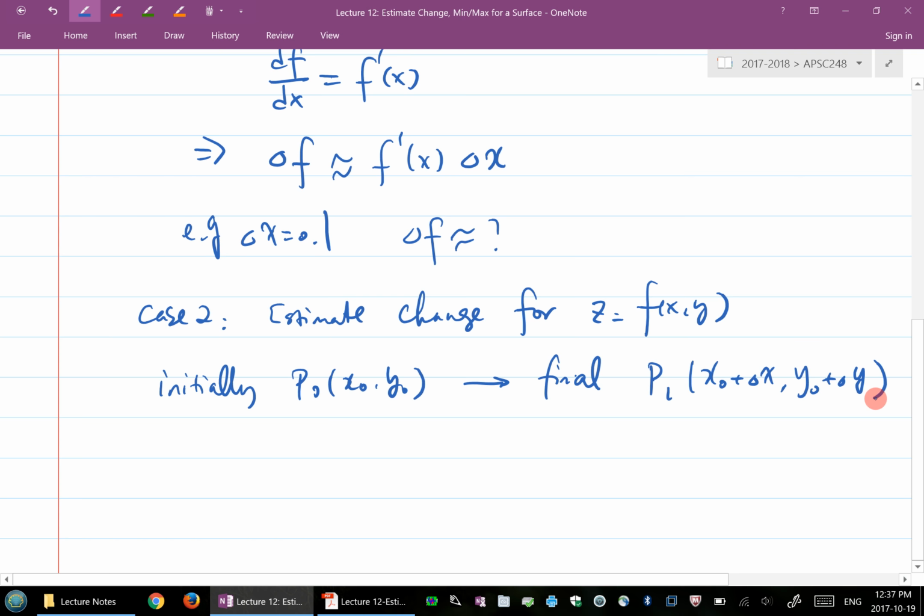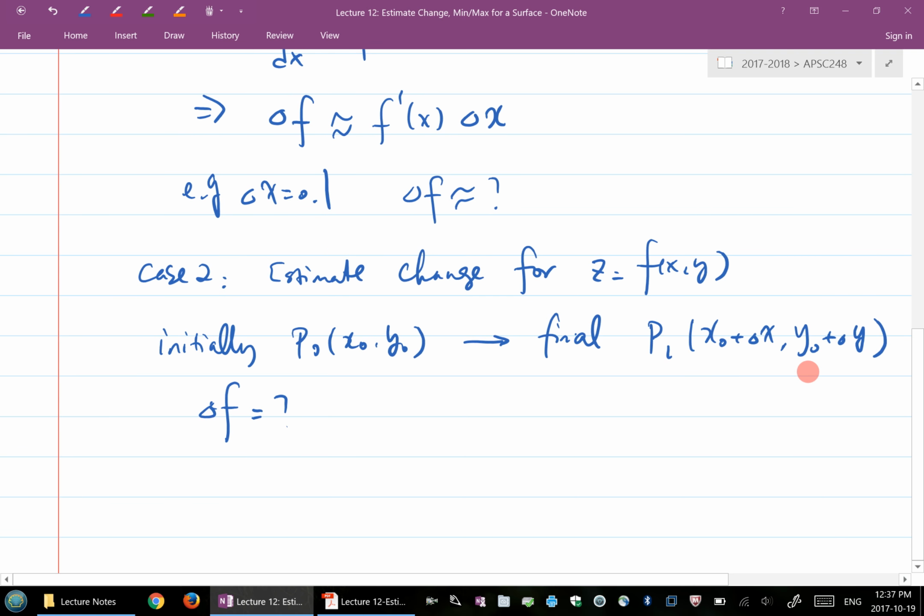So if you change from this point to this point, the question is how much change in this function f here. That's estimating change.